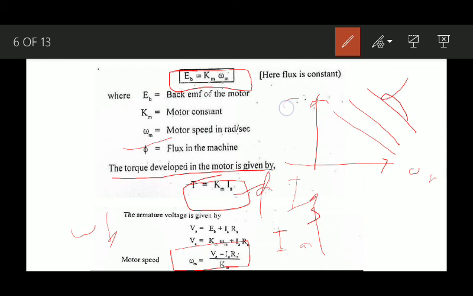This is the back EMF. So when the alpha angle, the firing angle, is more, the speed will be decreased. This is omega versus armature current. When alpha increases, the speed will be decreased.